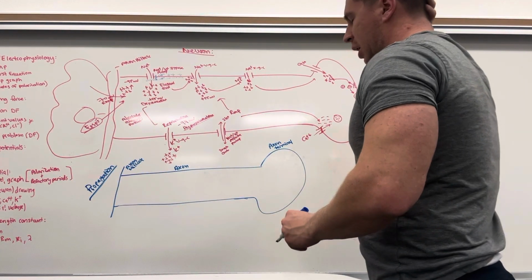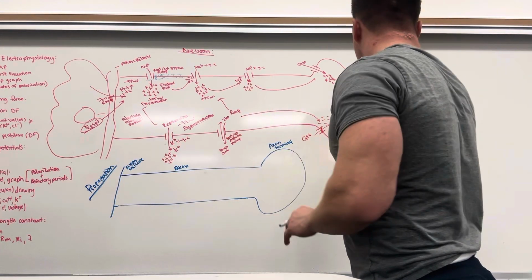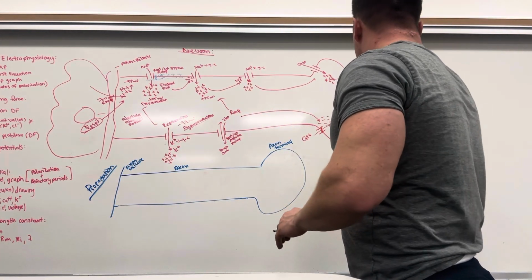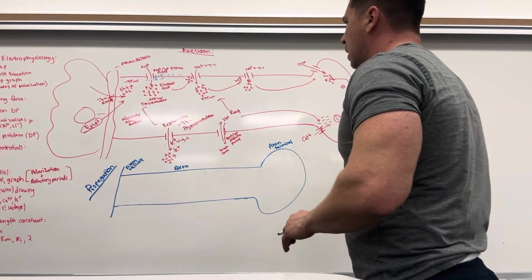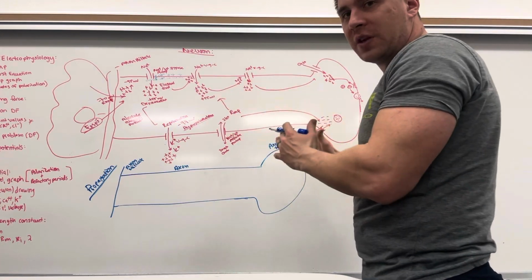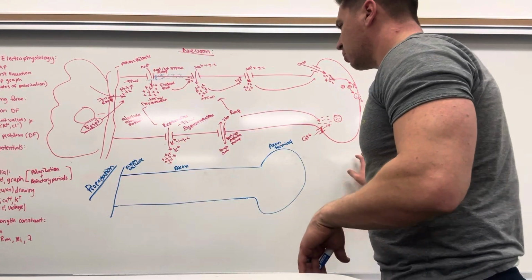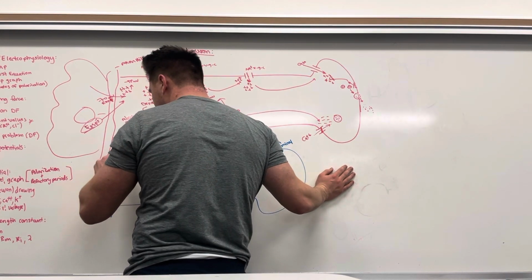This is a much simpler version of the flow chart I drew out, a very simple way of explaining propagation, this charge propagating, moving down the neuron. So we have this stimulus that comes in.